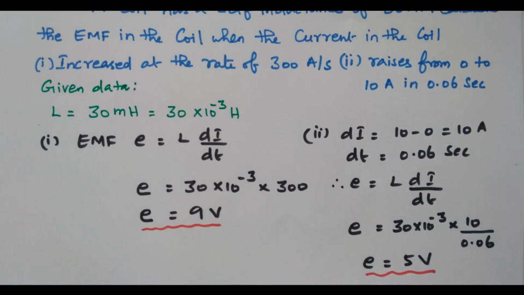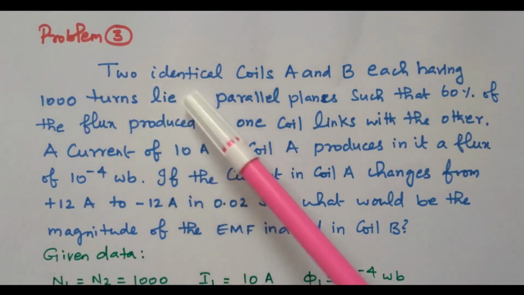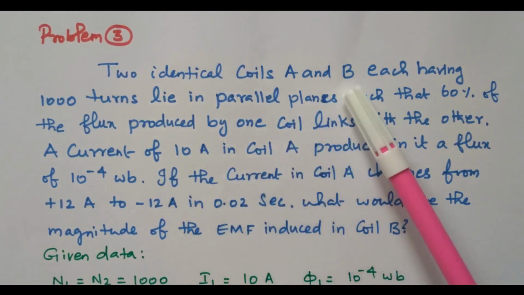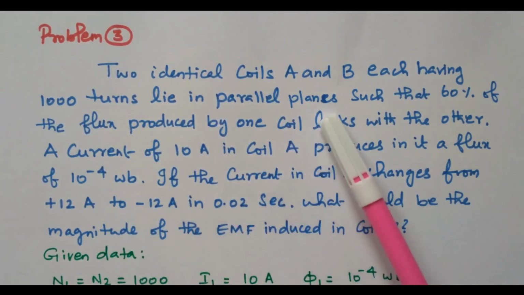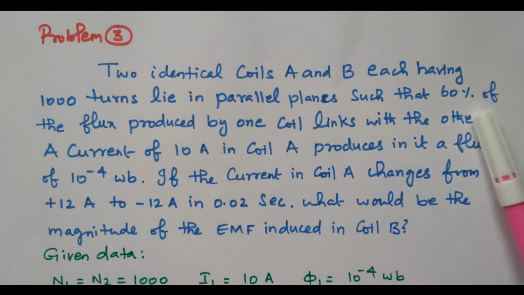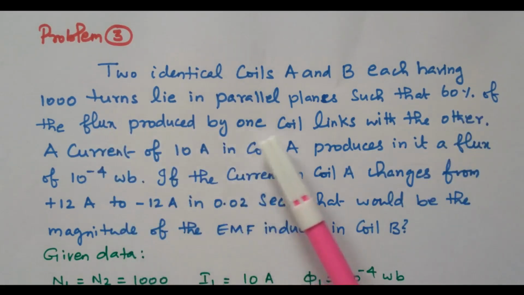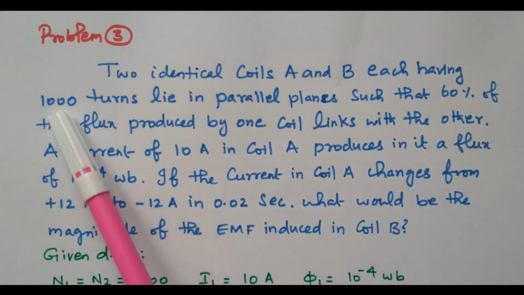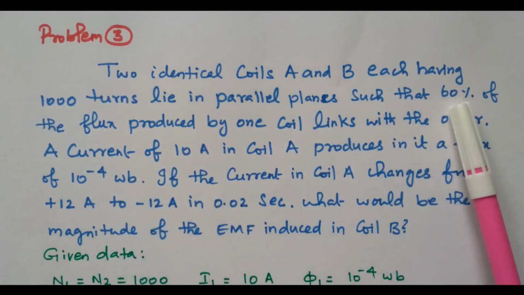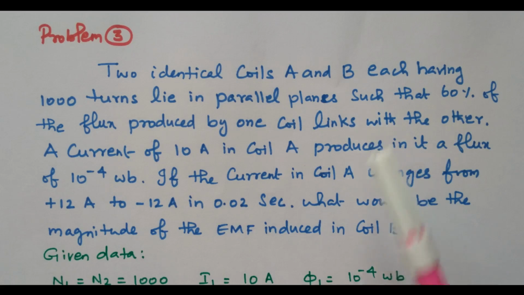Now we'll go to the third problem. Two identical coils A and B, each having 1000 turns, lie in parallel planes such that 60% of the flux produced by one coil is linked with the other. Each has 1000 turns, and 60% of flux is linking from one coil to the other coil.